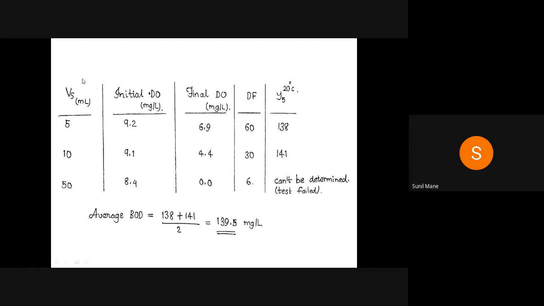Now we'll take 300 ml bottles. At this particular point, we'll be adding 295 ml of distilled water and 5 ml of sewage. Second one, we are going to add 290 ml of distilled water and 10 ml of sewage.